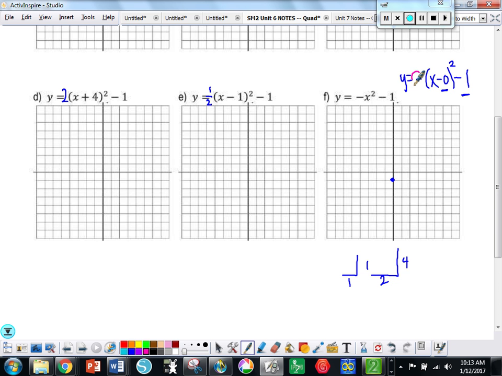Because a is negative, I'm going to take all of my ups and make them negative. You don't change the overs, you only change the ups. So, from here I go over 1, down 1. I would go over 2, down 4. And then over 3, down 9.